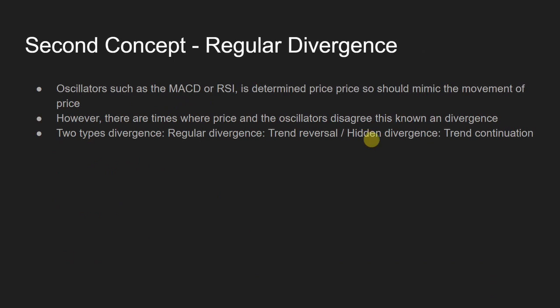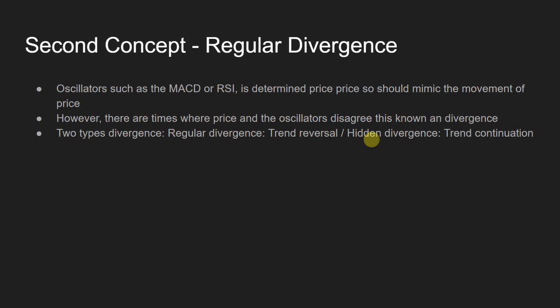However, there are times where the price and the oscillator disagree, and this is known as divergence. I'm going to go through some examples of this in a second, so you can really visualize this concept. There are two types of divergence. There's regular divergence, which means that if you see it, there's a strong indication, again, nothing's ever 100% accurate, that a trend could potentially pull back or reverse.